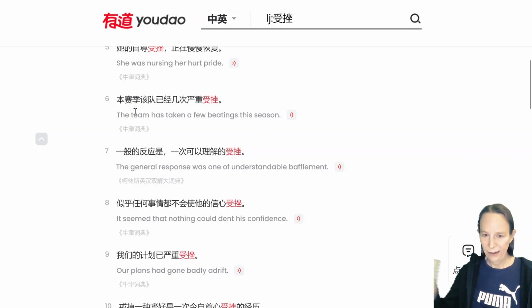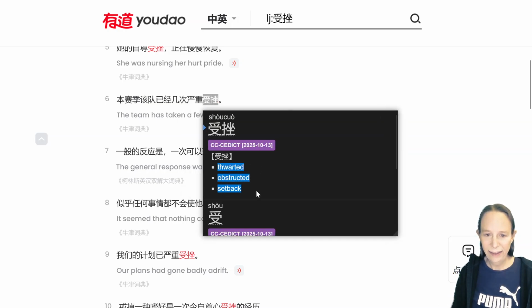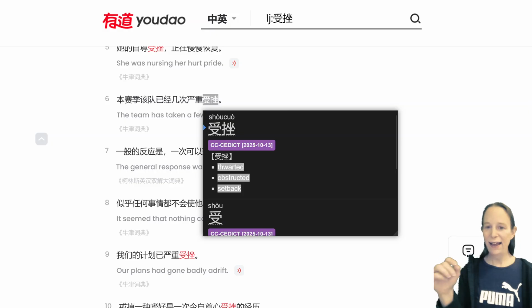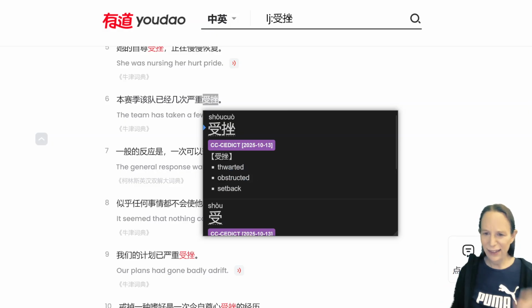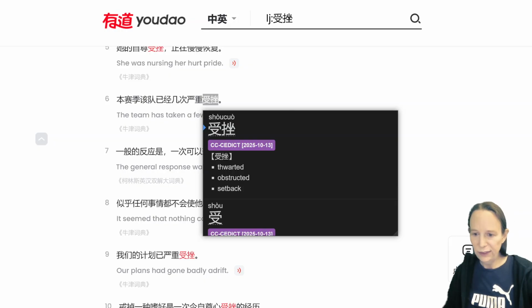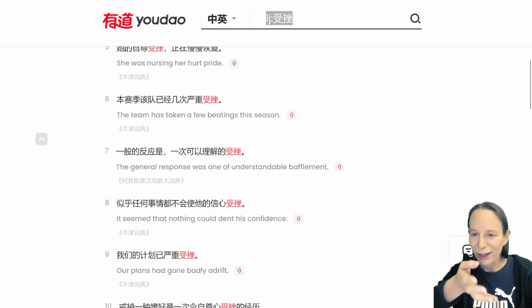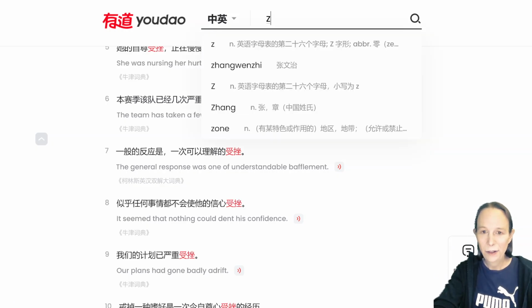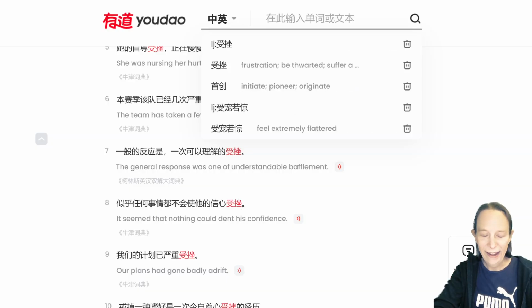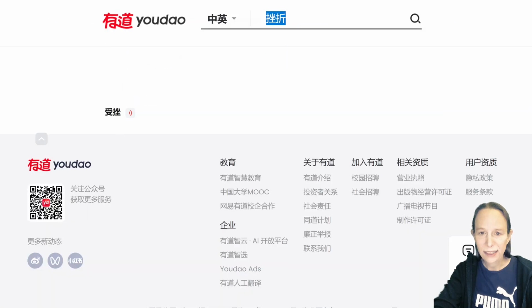All right. It kind of feels like a verb to me, but the dictionary here makes it look like it's an adjective. But a lot of the time there's a very blurry boundary between verbs and adjectives, so we have to be prepared for that. 受挫, not in the dictionary. Yeah, but if it were in the dictionary, it'd be 受到挫折 or something like this, or 挫败，挫折.